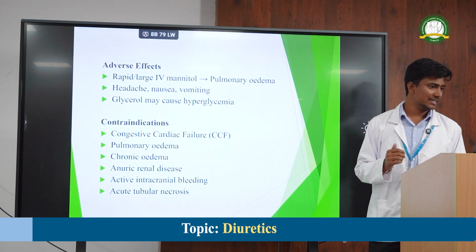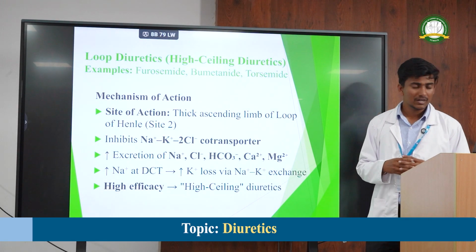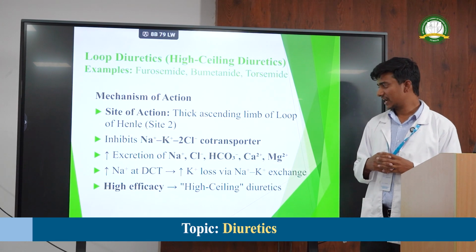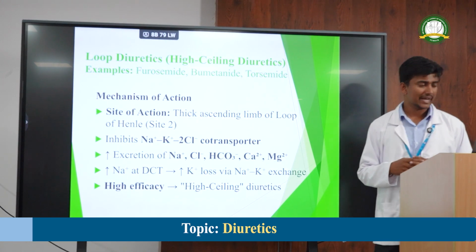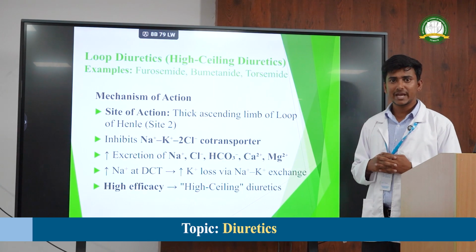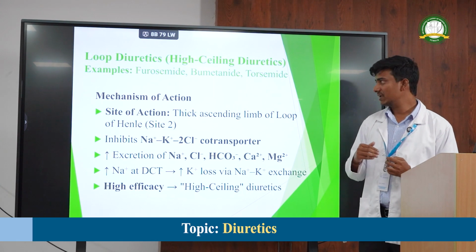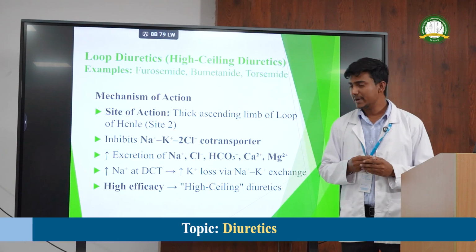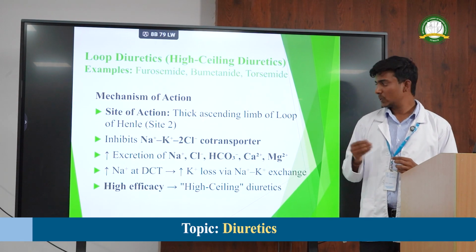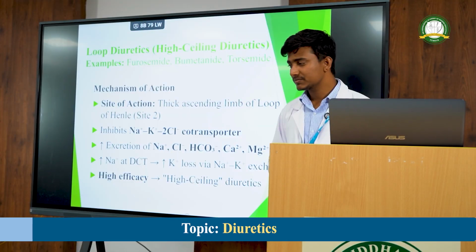Next class of drugs, that is loop diuretics. Loop diuretics are also called high-ceiling diuretics or high-efficacy diuretics. Examples are furosemide, torsemide. Mechanism of action: they mainly act on the thick ascending loop of Henle. They mainly inhibit the sodium, potassium and 2-chloride co-transporter.